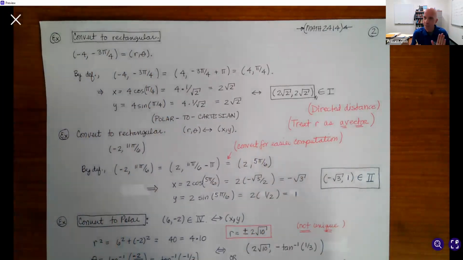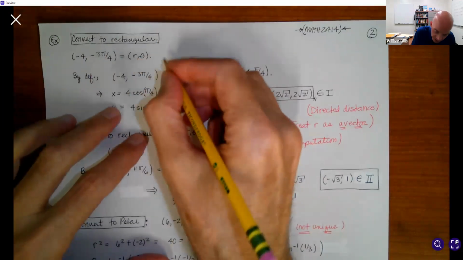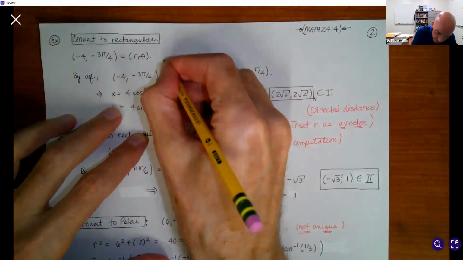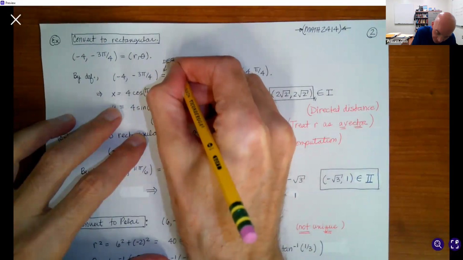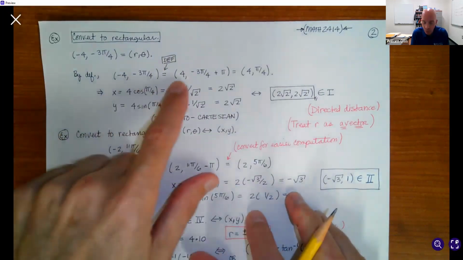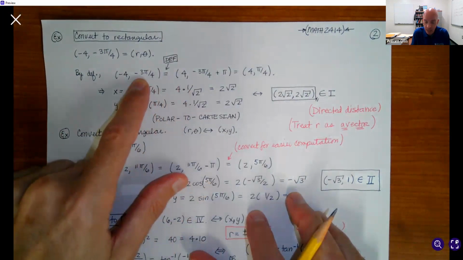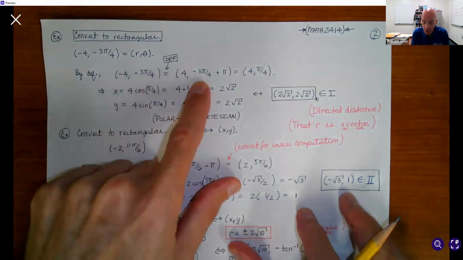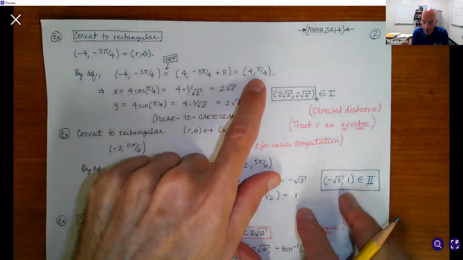So to make the problem a little bit simpler, first let's use the definition, because that's what we're using. We're thinking of this as we would vectors. So we can remove the additive inverse and add pi to -3 pi over 4. And notice now, when we add, we get 4 comma pi over 4.